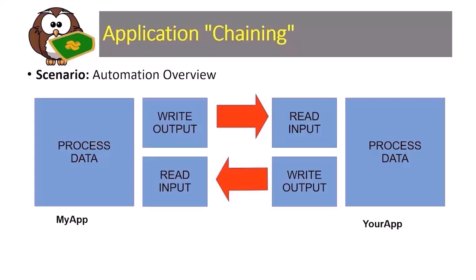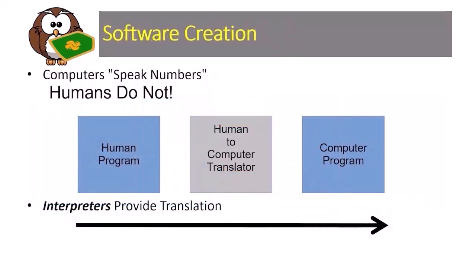Known as application chaining, all programs that I'm aware of will allow us to hook things together in this way. And if you want to learn more about application chaining, take a look at my Python 3000 opportunity that will allow us to hook things together using many different programming languages.